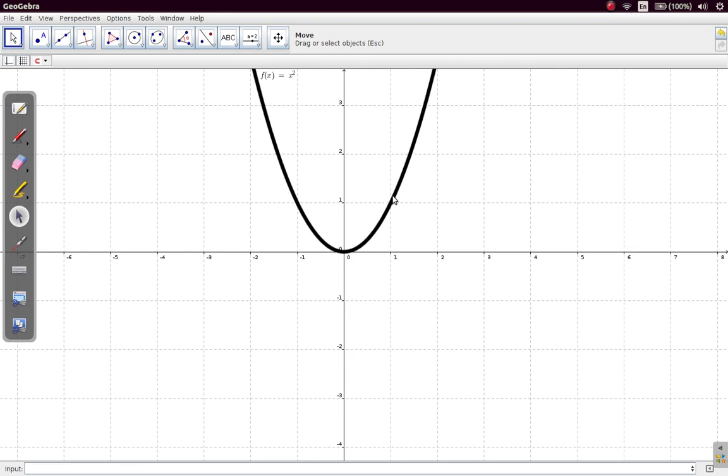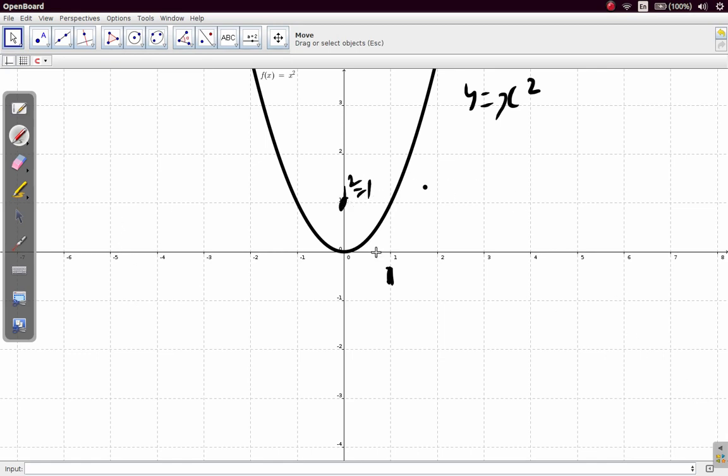So we do have our graph here. This is a graph of f of x equals x squared, which is similar to the graph of y equals x squared. So as we can see, when x is 1, y is 1 squared, which is 1 right here.